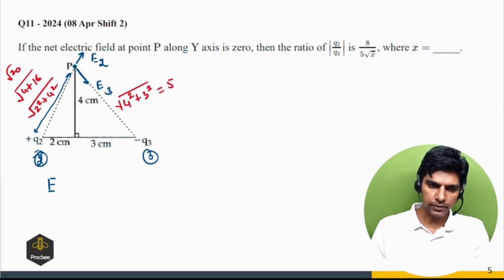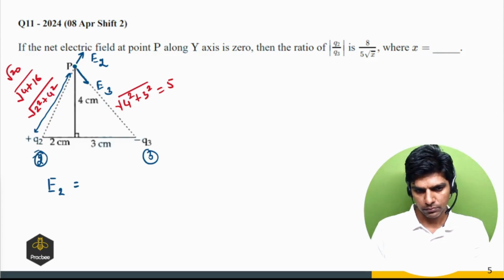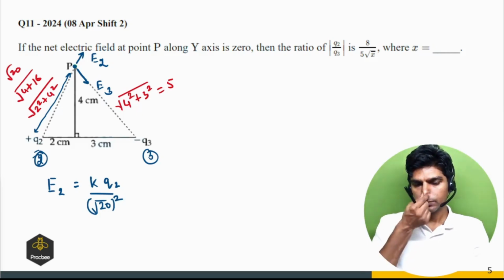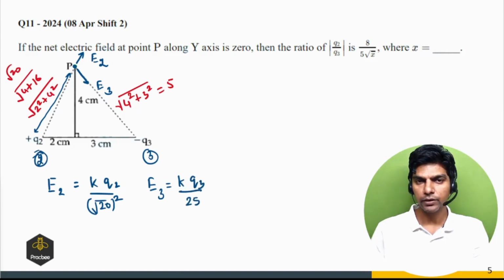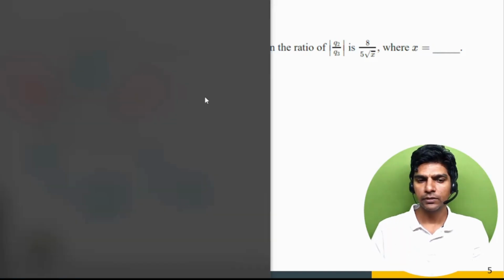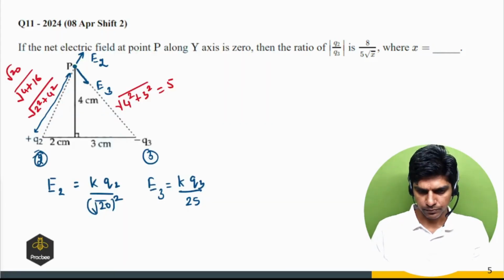So first let us find E2. It will be K Q2 divided by root 20 square, where root 20 is in centimeters. And E3 will be K Q3 divided by 25, again 5 is in centimeters.